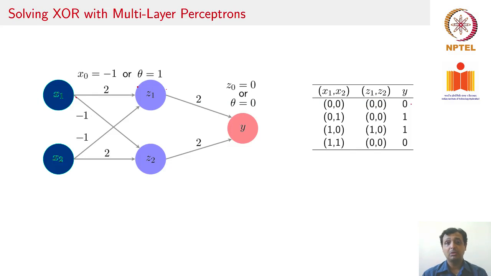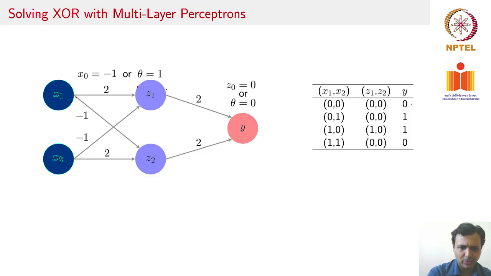So here is an example of how a multi-layer perceptron can be used to solve the XOR problem. This is just one weight configuration that can solve the XOR problem. There could be other weight configurations that may solve or may not solve the XOR problem. All that we are trying to say here is that there is at least one weight configuration with a multi-layer perceptron that can solve the XOR problem.